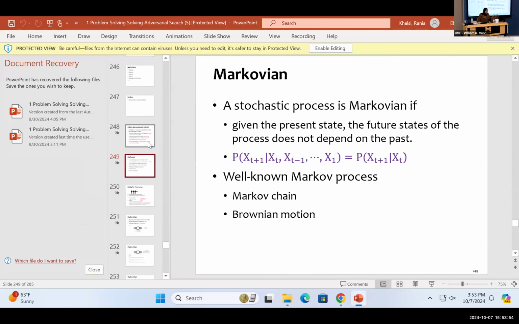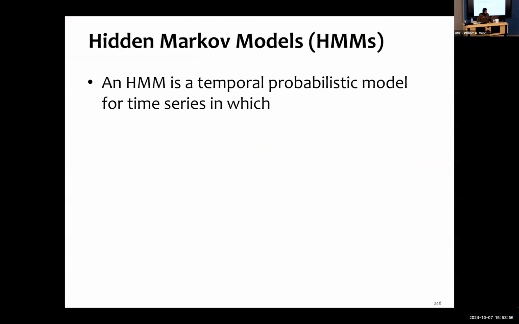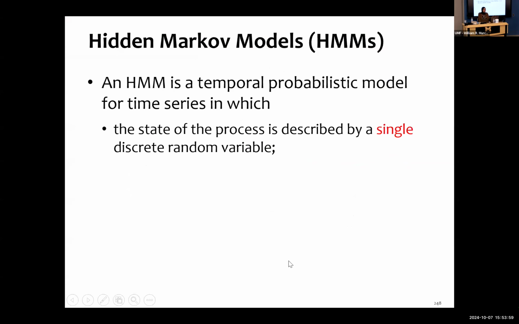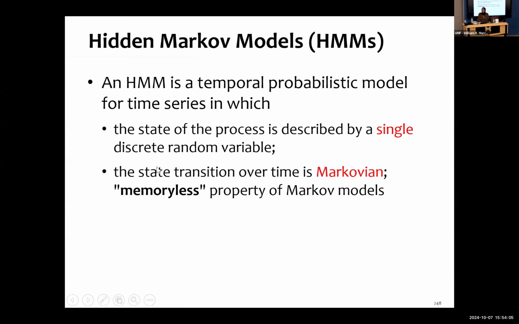Okay, and discuss the rest of the points. So we said the first one, the state of the process is described by a single discrete random variable. The second one, the state transition over time is Markovian, which means it only depends on the previous state, the state of the random variable in the previous time slot.